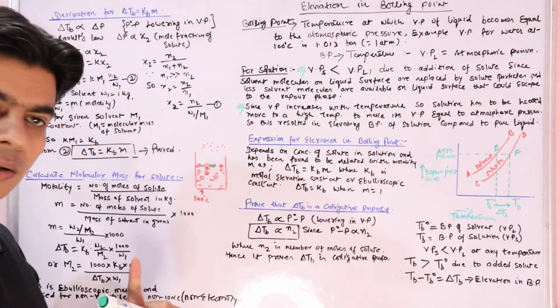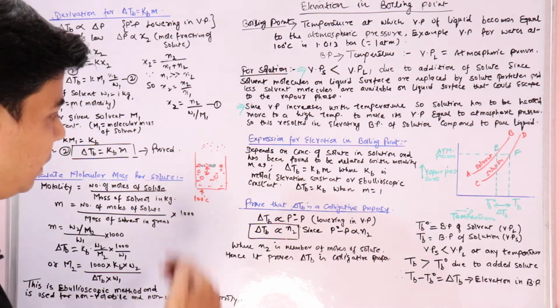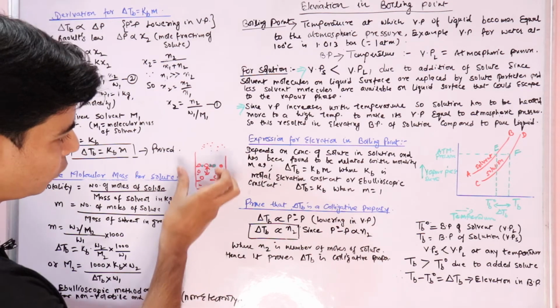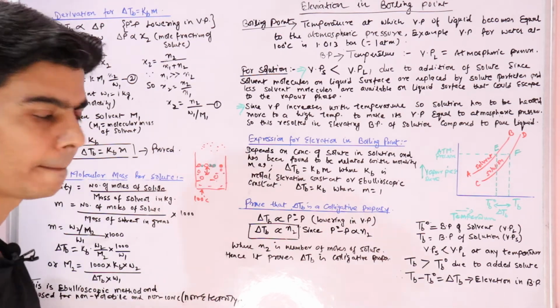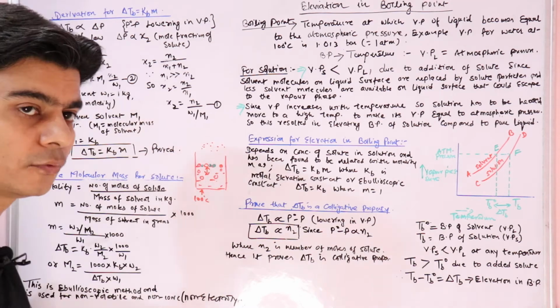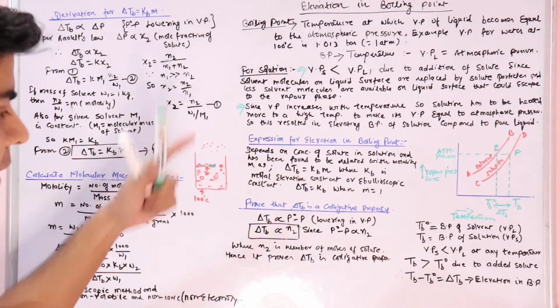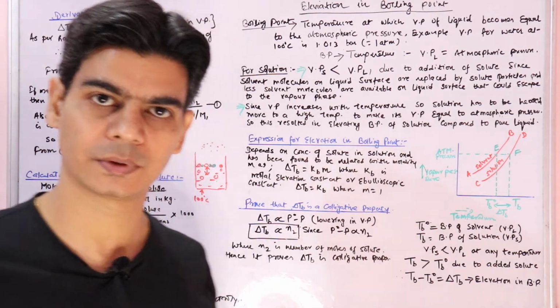When the number of solvent molecules is decreased, fewer solvent molecules move into the vapor phase. So we have fewer vapors above the liquid, and fewer vapors means less vapor pressure, right?